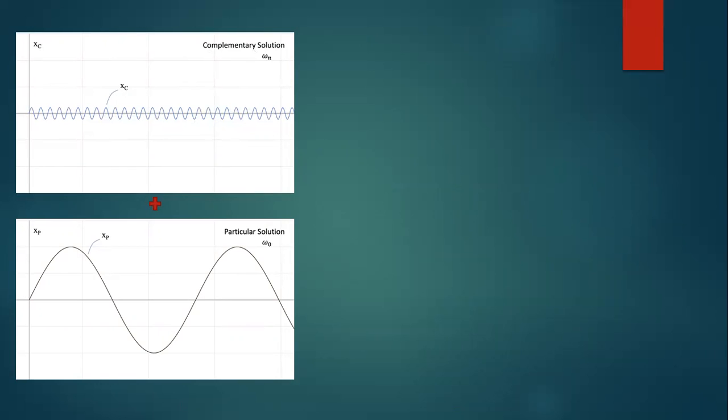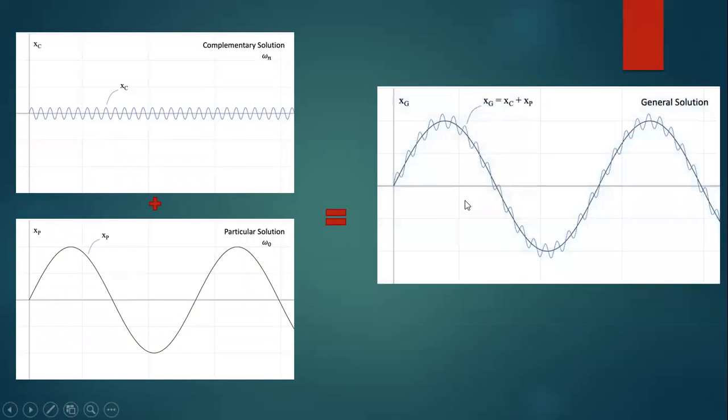So this is the complementary solution, a graph obtained from the complementary solution, and this is a graph obtained for the particular solution. Summing up, we get the general solution. So x general is equal to x complementary plus x particular.